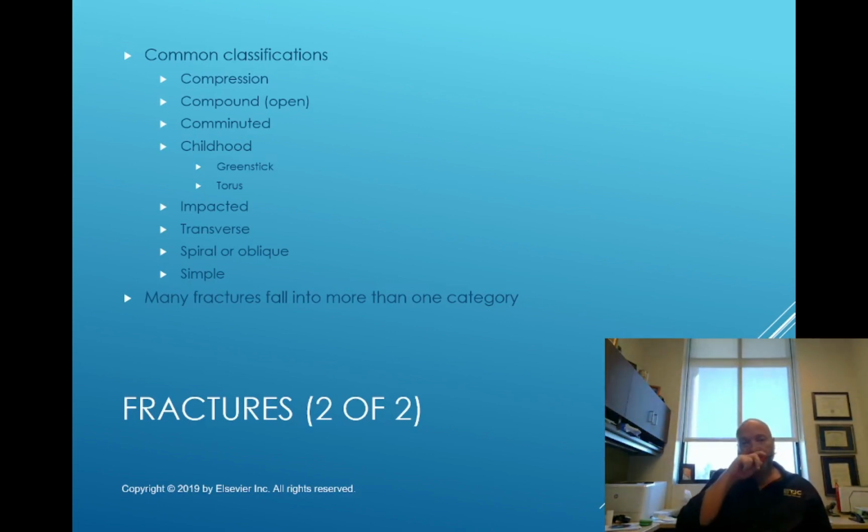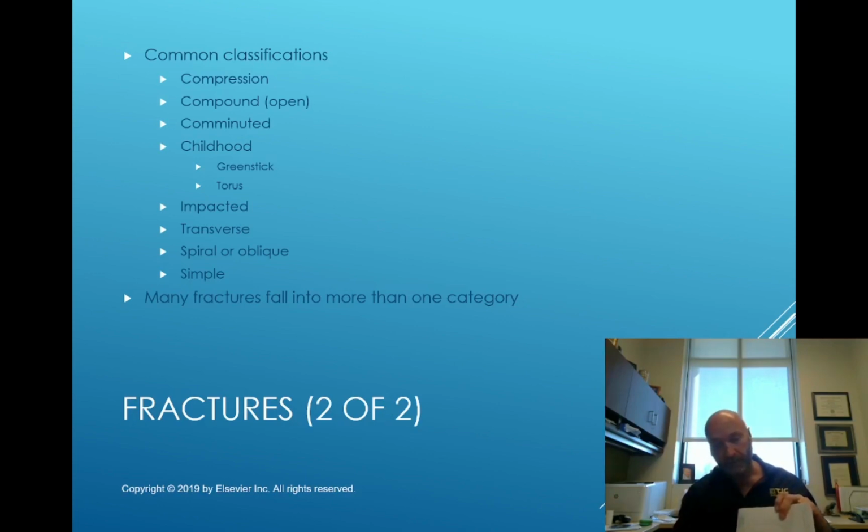Now, childhood fractures are a little bit different. With a childhood fracture, what you may have is a situation where the bone bends, like a sheet of paper, and with the bending of the bone, you may get an incomplete fracture. So just like a green stick, what you may have is a fracture where one side of the bone did not break.